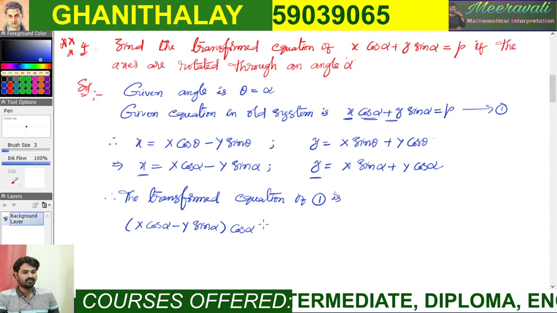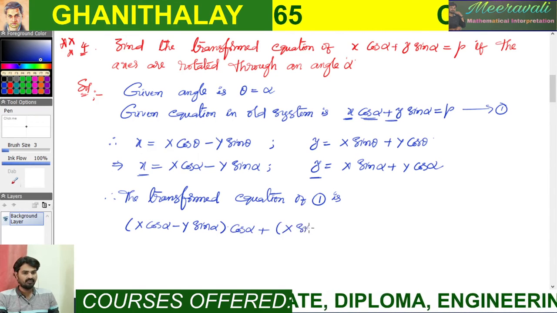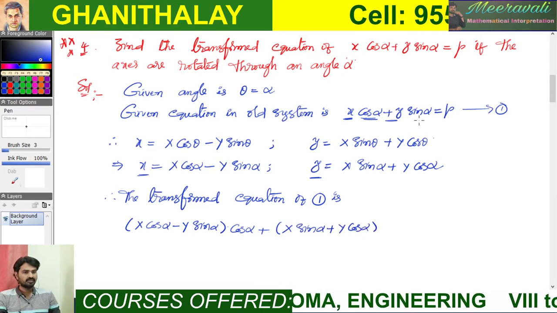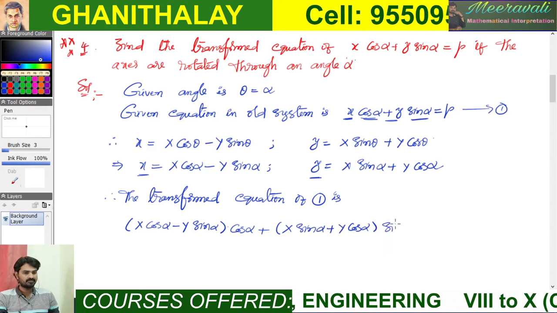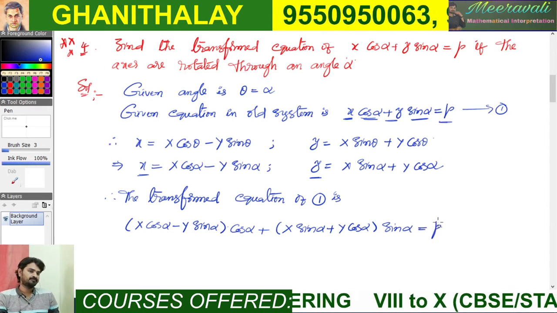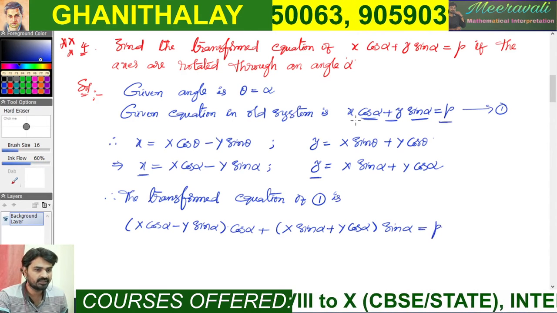Next plus y means we have to write x sin alpha plus y cos alpha into sin alpha. Next is equal to p. Okay student, this is what we are going to write here.